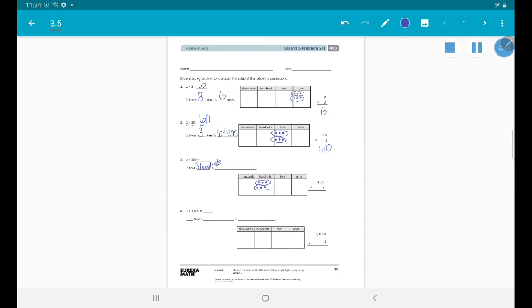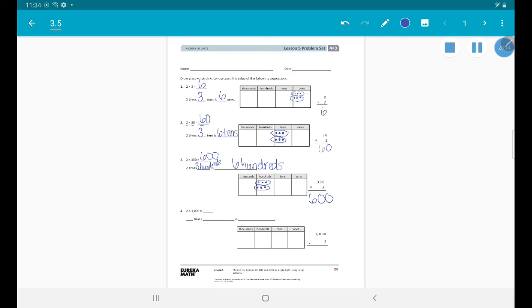There's a group of 3. Here's a group of 3. And of course I have 6 hundreds. 2 times 3 is 6. I add my 2 zeros to the end. Once again, 3 times 2 is 6. Add the 2 zeros to the end.